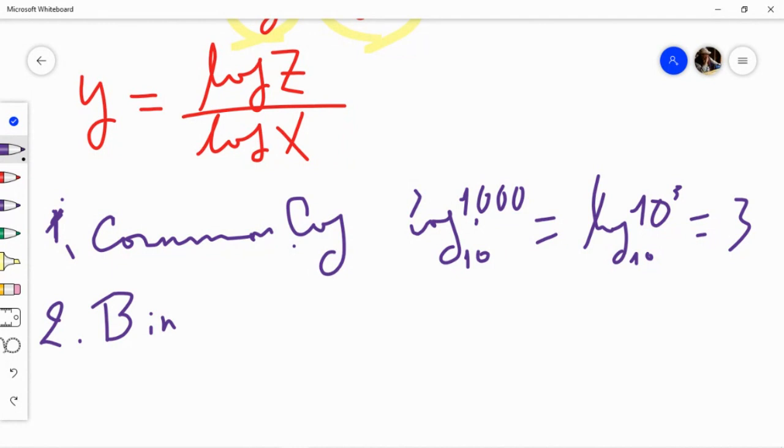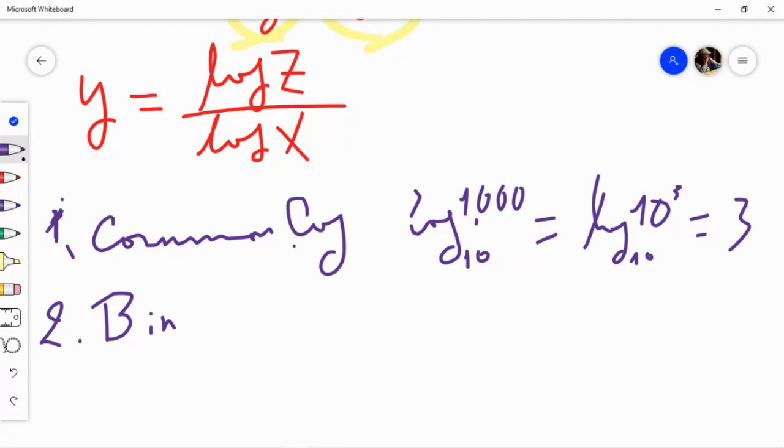You can have something like base 10 log of 173, but without using the calculator, there's no way you can easily visualize it. But for numbers like multiples of 10 or powers of 10, you can easily visualize it. So relatively, base 10 log is limited.